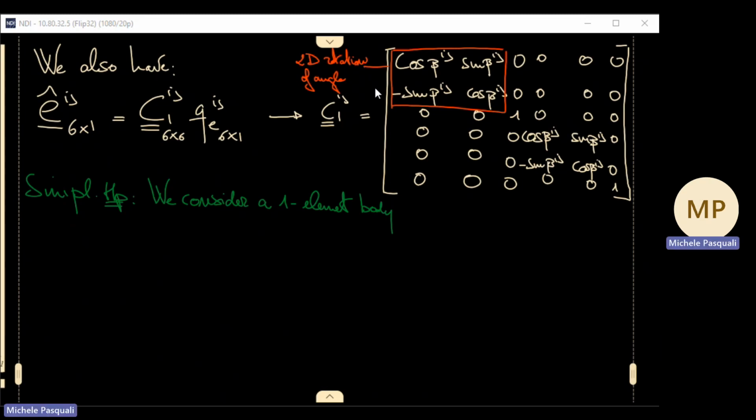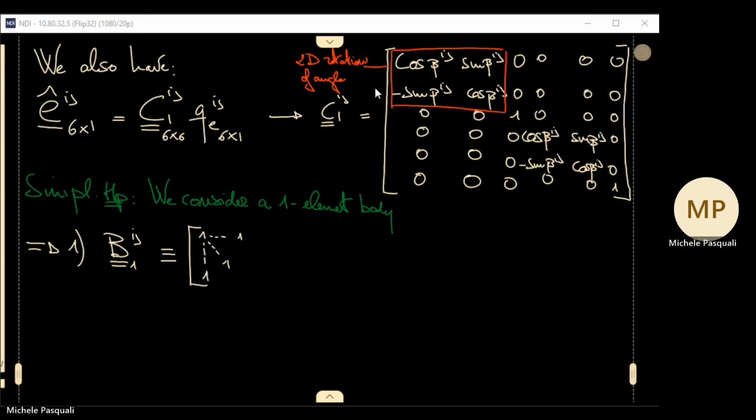What is the direct consequence of this? The first one is that our connectivity matrix is full of ones, because we have to Booleanly select all of them. There is nothing that merges. It's only one.